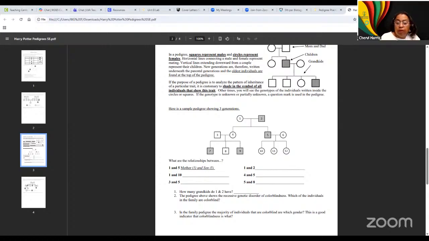Okay, 4 and 5 are, let's see, 4 and 5. Sister and brother. 5, 8.